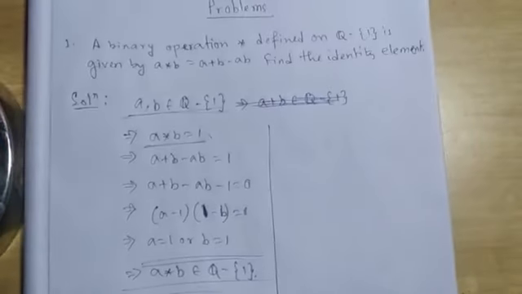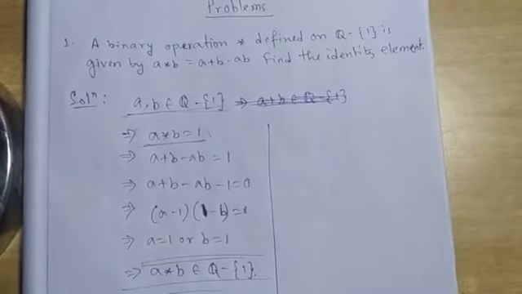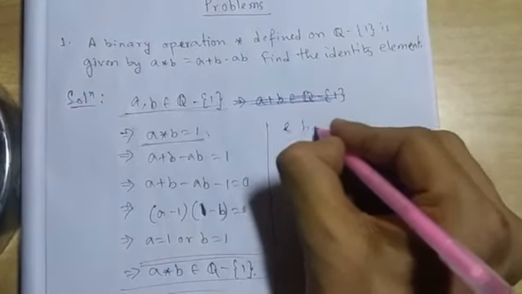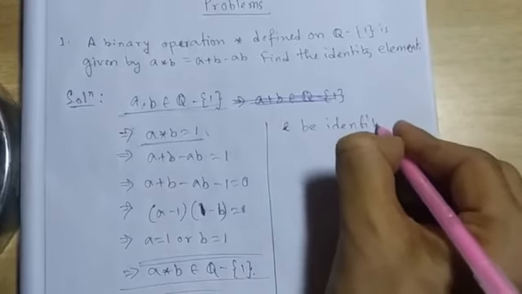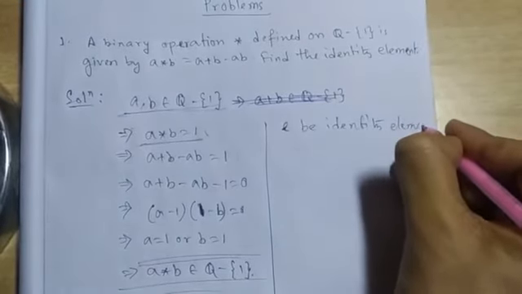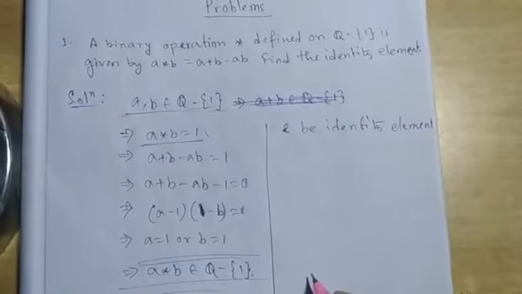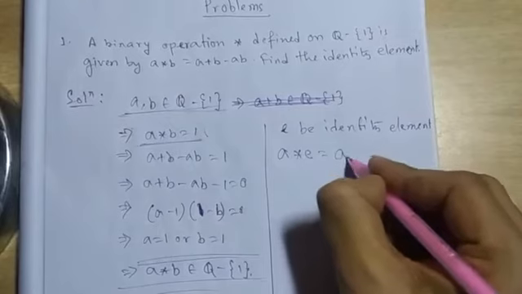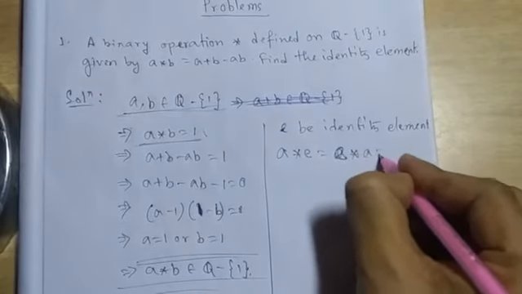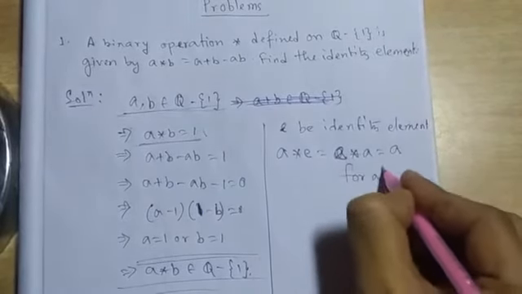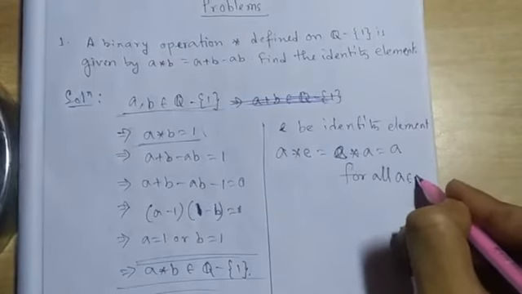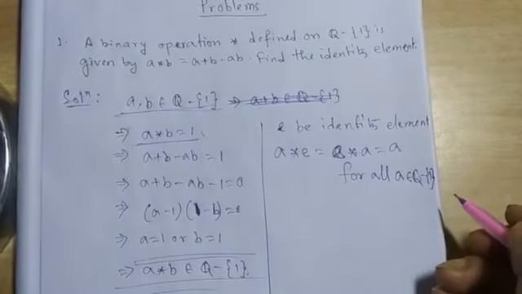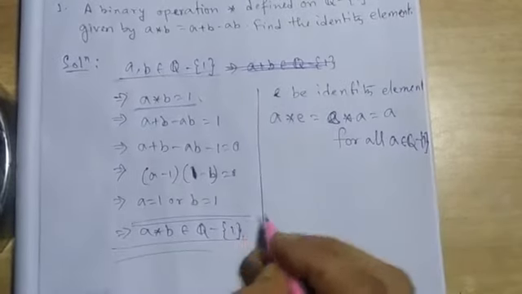Now our main task is to find the identity element for this operation. Say e is the identity element. You have to write this statement: a star e equals e star a equals a for all a belonging to the set Q minus {1}.